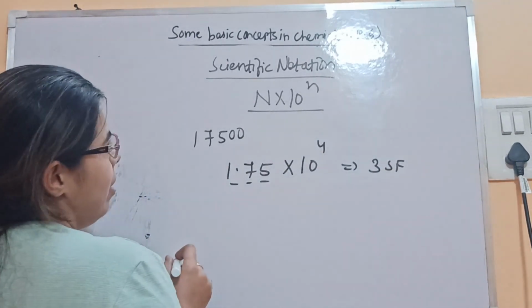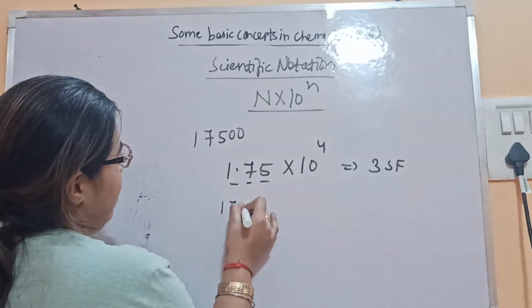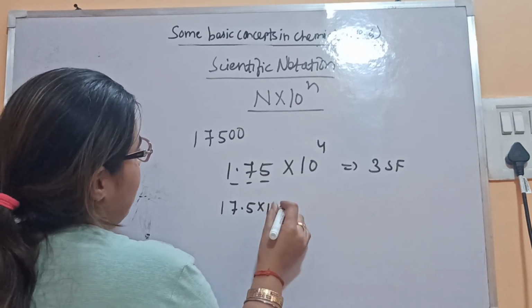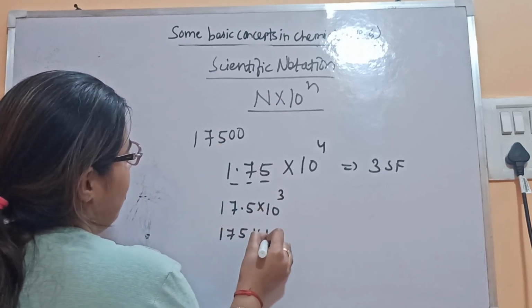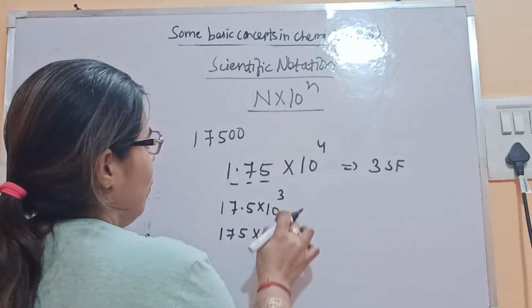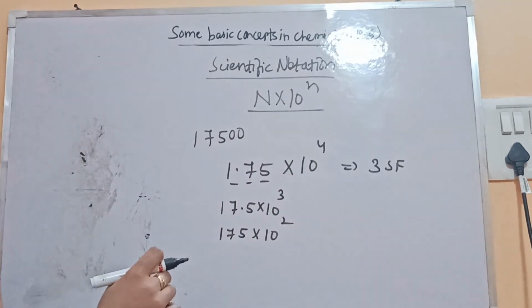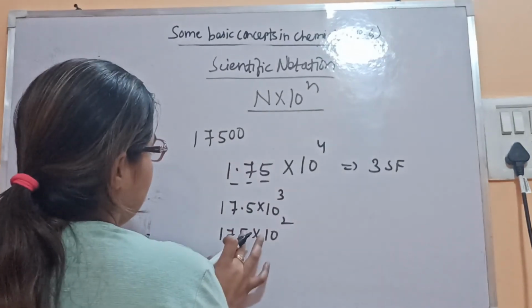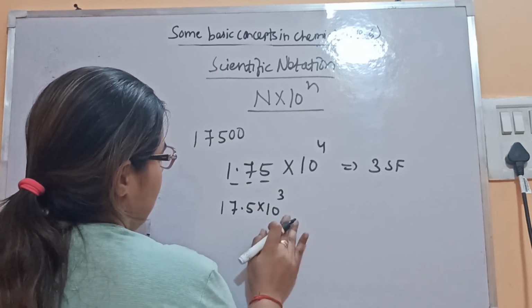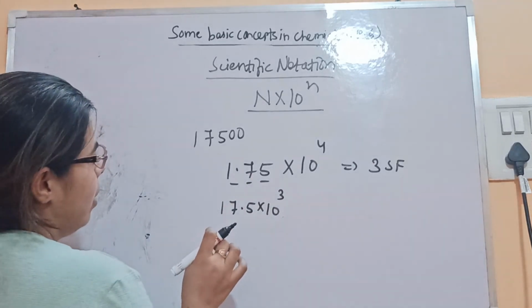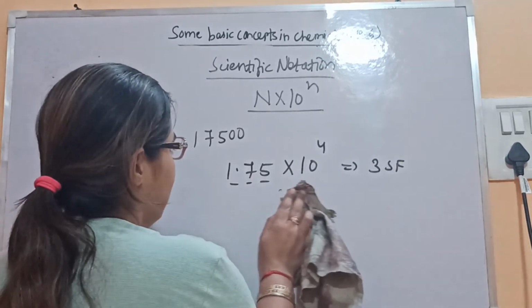If it is not in the form of scientific notation, it can be 3, 4 or 5, like 17.5 into 10 to the power 3, or 175 into 10 to the power 2. That's why here 3 significant figures are coming.